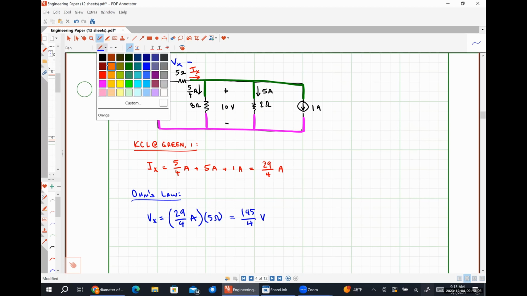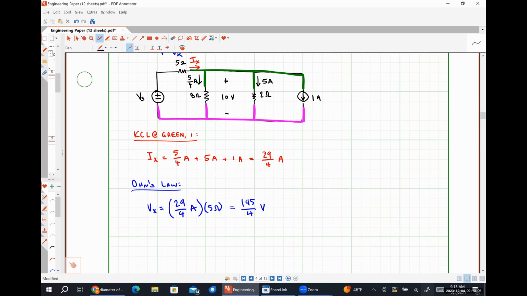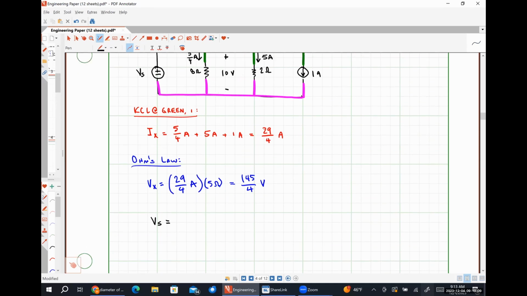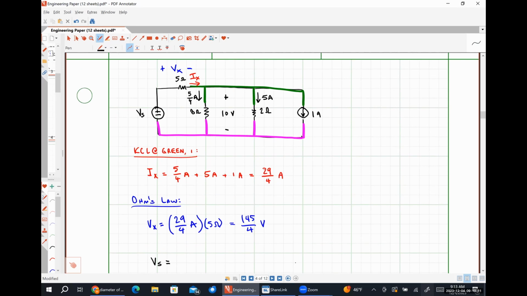So now that I'm here, how do I get Vs? Exactly right. So effectively, we're just going to apply Kirchhoff's voltage law around this path, right? So we would have negative Vs plus Vx plus 10.